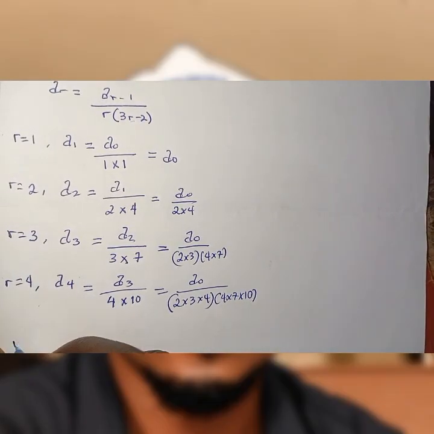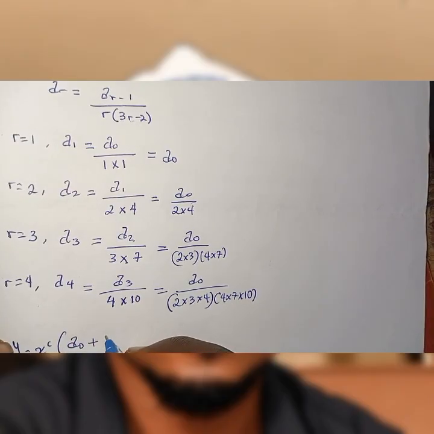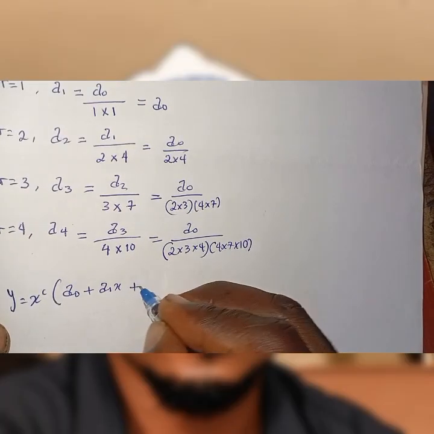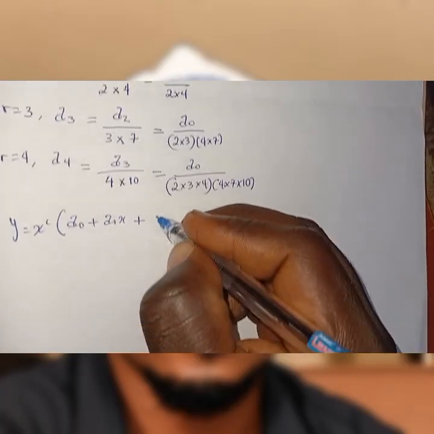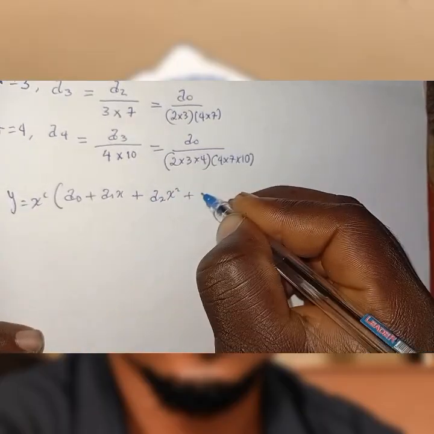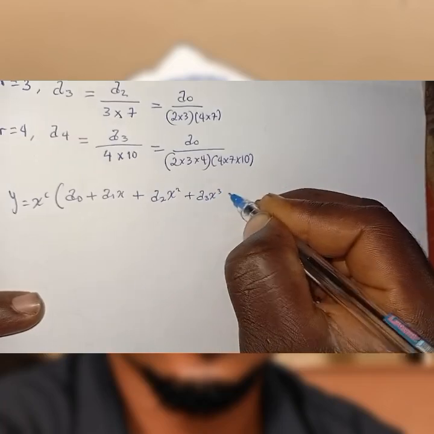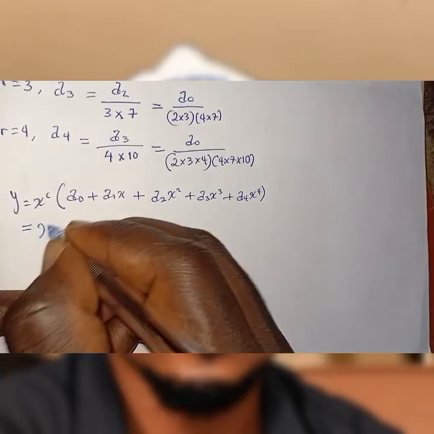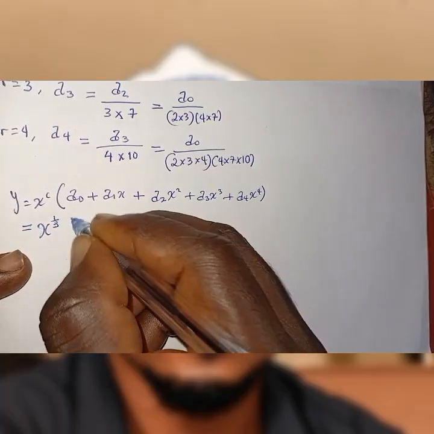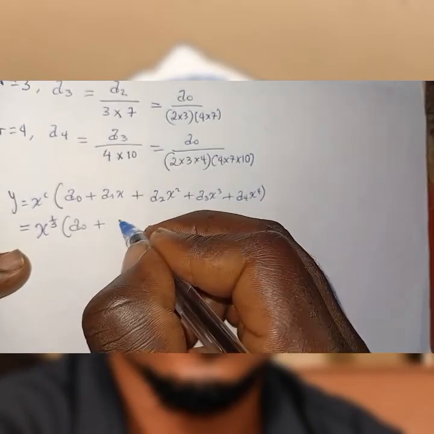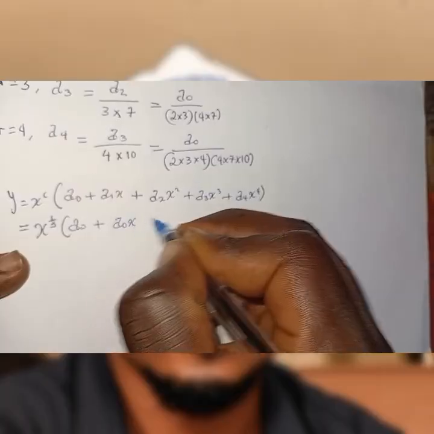Now remember our equation y equals x^c, open brackets, a naught plus a1 x plus a2 x squared plus a3 x cubed plus a4 x^4. Now when x equals 1 over c equals 1 over 3, I have a naught plus, what is our a1? a1 is the same thing as a naught x.